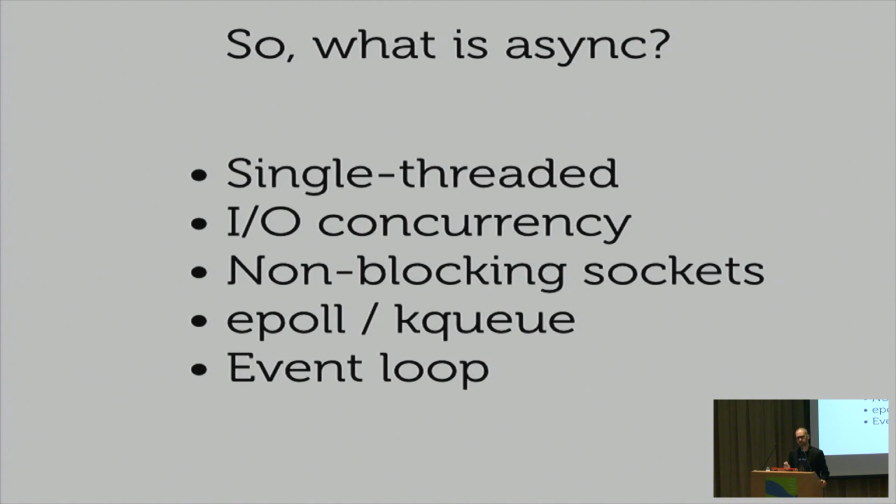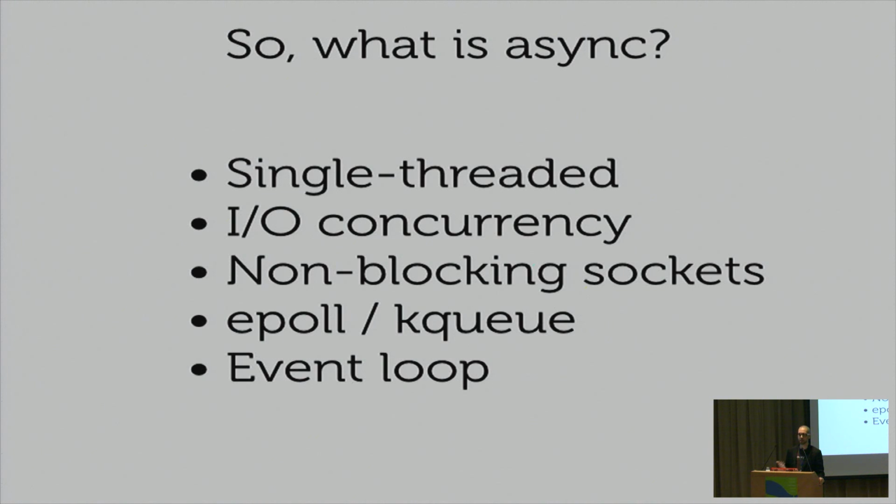The final piece of an asynchronous framework is the event loop. And what the loop does is it uses epoll or kqueue to ask if any network events have happened, and then it executes the callbacks that were waiting for those network events. And it repeats that cycle forever. So this is not everybody's definition of async.